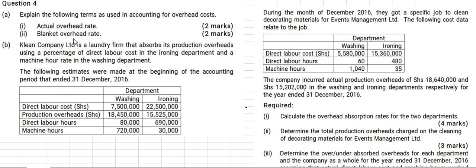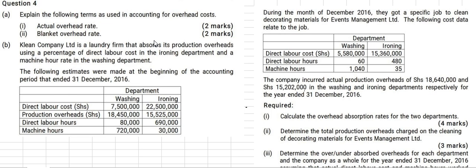However, if you're to do overhead absorption, you need what we call an overhead absorption rate. An overhead absorption rate is a predetermined rate that is used to allocate overhead costs to products or services.